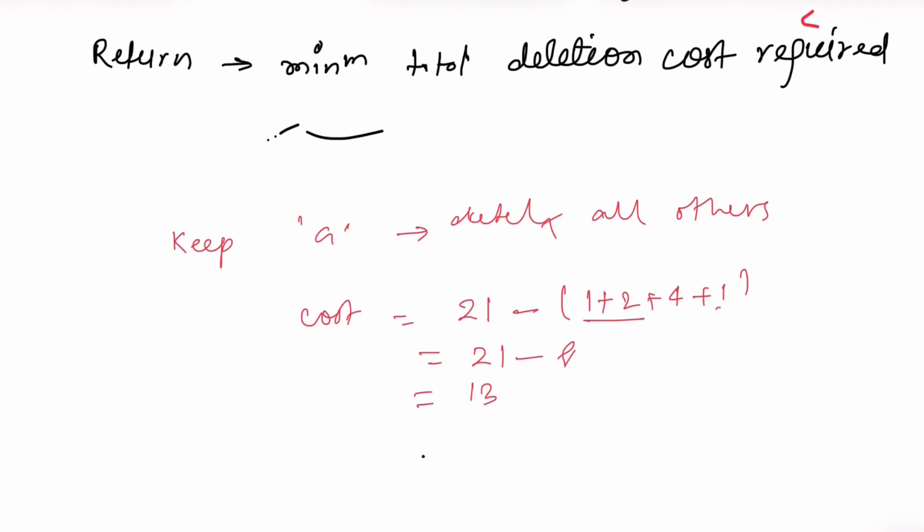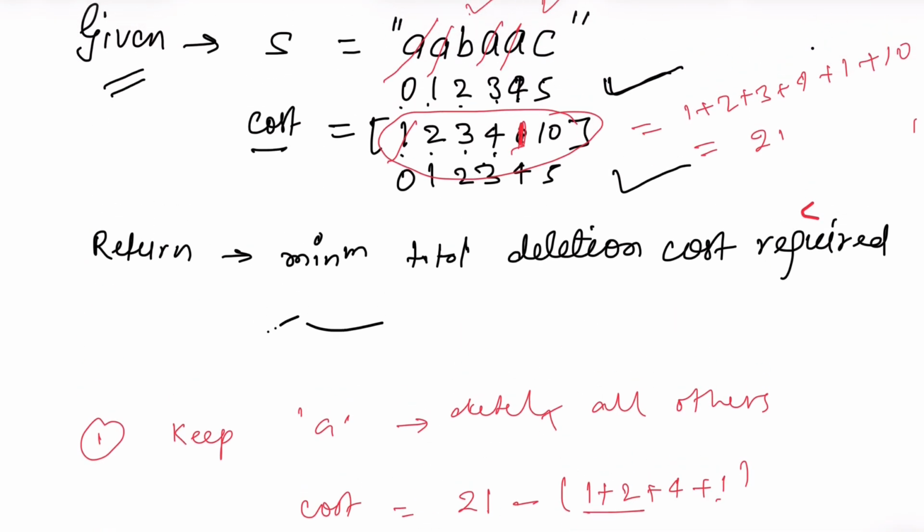Now let's suppose this time we are going to keep only B. If you see here, we will keep only this B and not this one, and the rest of the things we will delete.